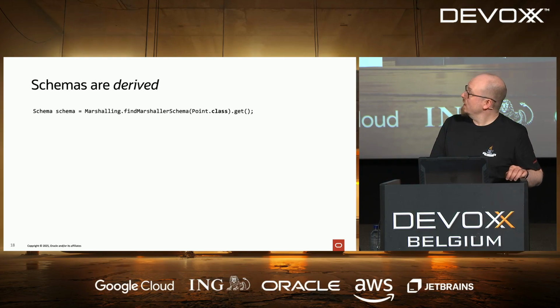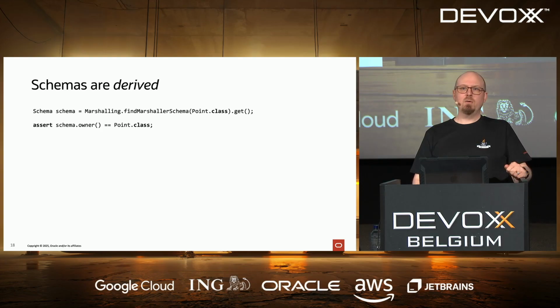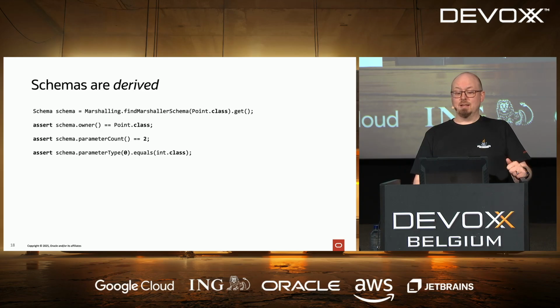So this is just a case in point where we, no pun intended, right? But we're getting the schema for marshalling of point out. So what does that schema include? Well, it includes the owner of the schema, which is the point class. It has two parameters. The first one is an int.